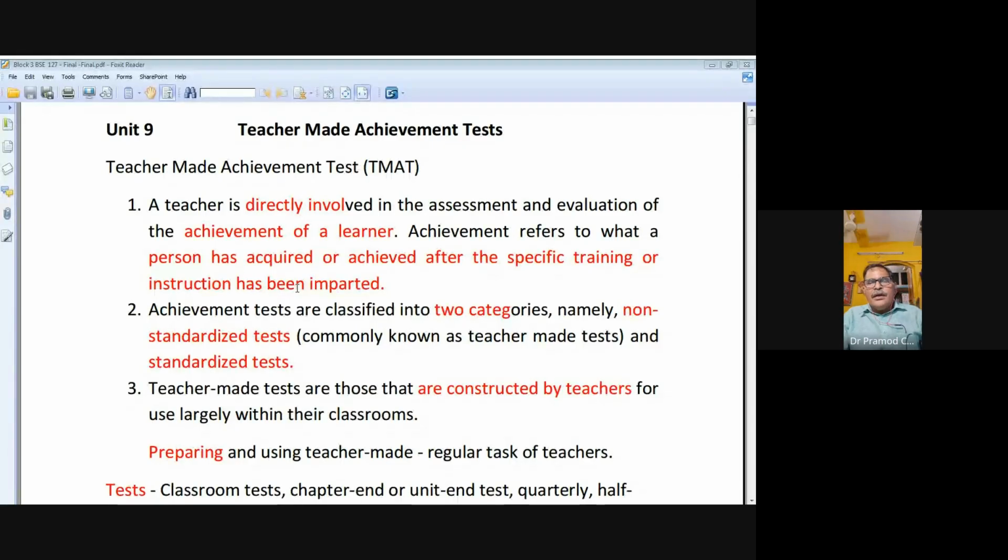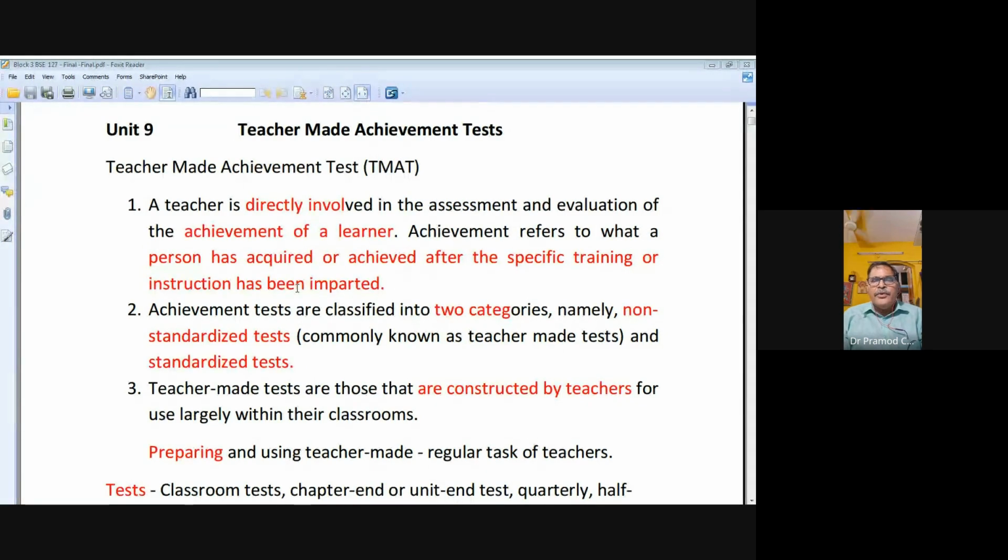So when the learner is learning, at that time the teacher's duty is to teach. But after the teaching-learning process is done, it is the responsibility of the teacher to evaluate the performance of the students. But here the question comes: how can we evaluate the performance of the students, the content knowledge of the students?